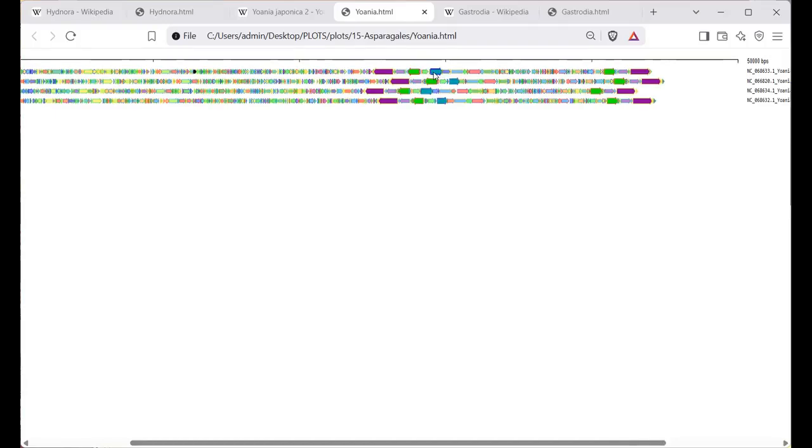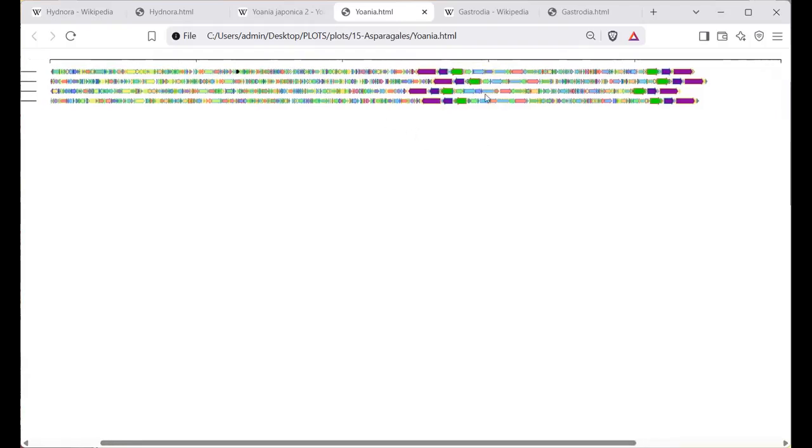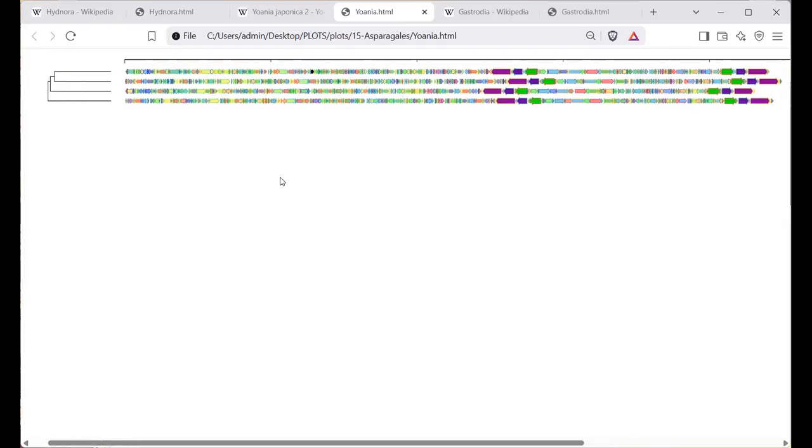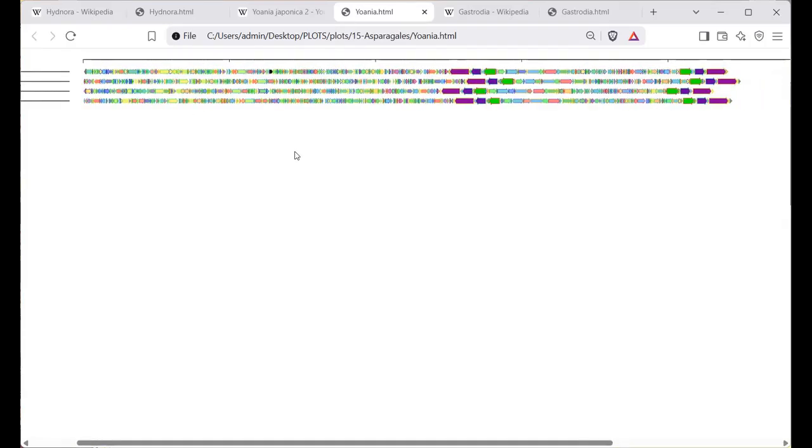And this is probably the short single copy region, but this is definitely inverted repeat. So you can see that it has a clearly identifiable inverted repeat, and then this portion is the SSC, and this longer region is LSC. So a little better than Hydnora, but you still see a lot of fragmentation.